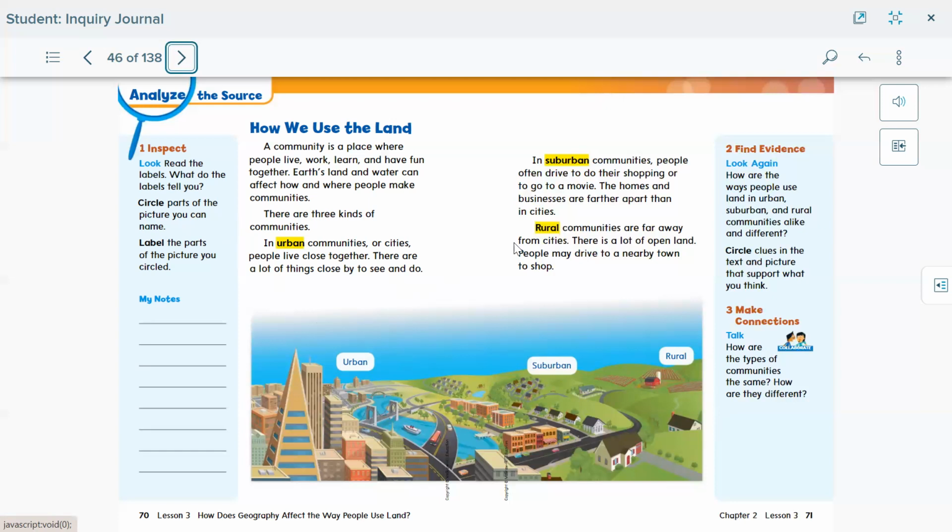All right, so now we learned that urban, the city or the busy part, is where you usually see big tall buildings, bridges, big tall museums, and city traffic, streets, and people who are living close to each other.